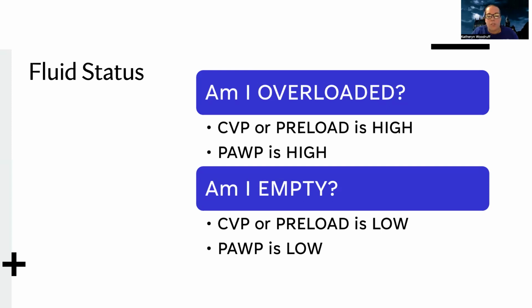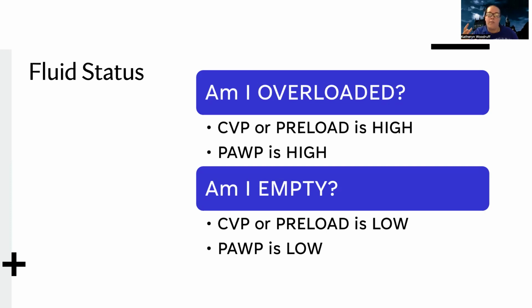Flashcards can help sometimes to get the general gist and to memorize the numbers. But when you're looking at this, think: this is telling me how much fluid I have on board. If the number is high, it's a sign that you're overloaded. So if you have a test question and my CVP is high, the preload is high, the PAWP is high, the PAD is high, that means you have too much fluid.